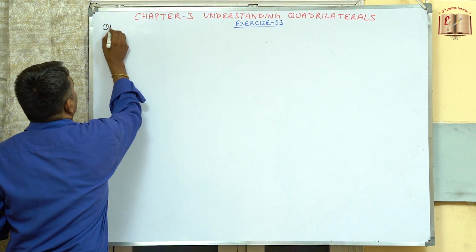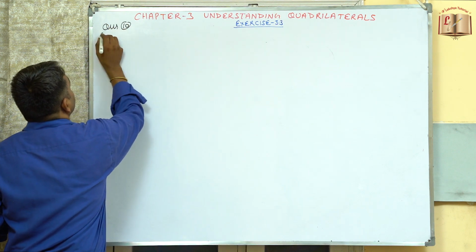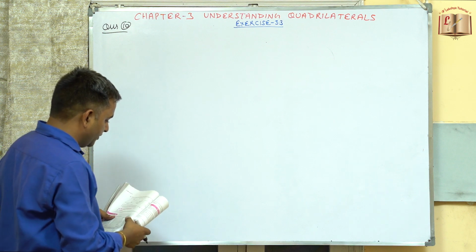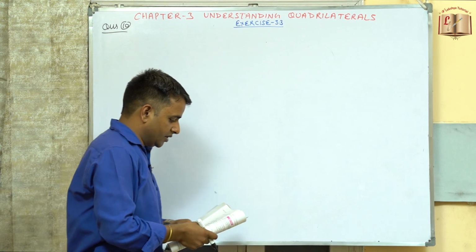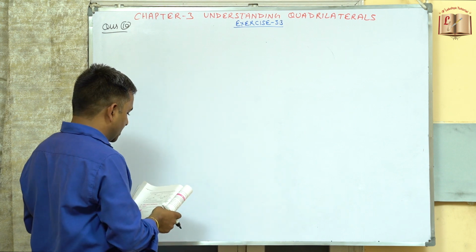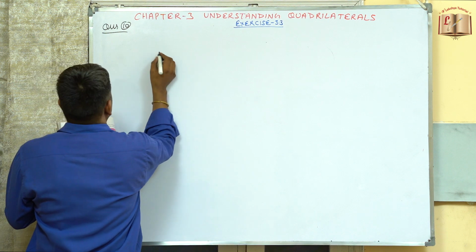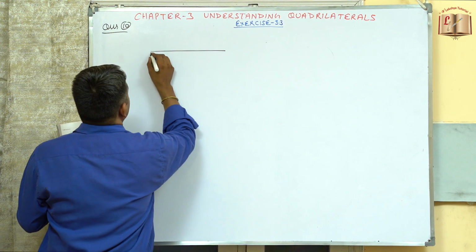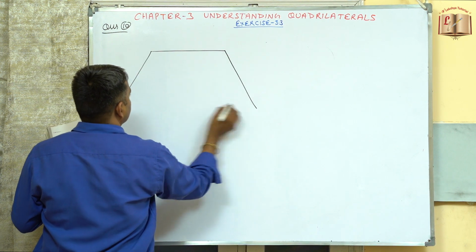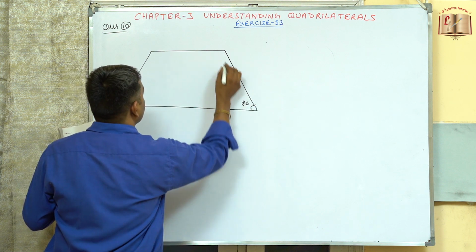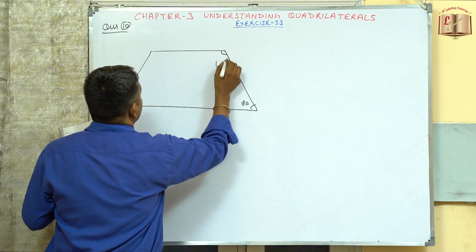So coming to question number 10. Explain how this figure is a trapezium and which of the two sides are parallel in figure 3.32. So this figure is given to us, this is 80 degrees and here it is 100 degrees.